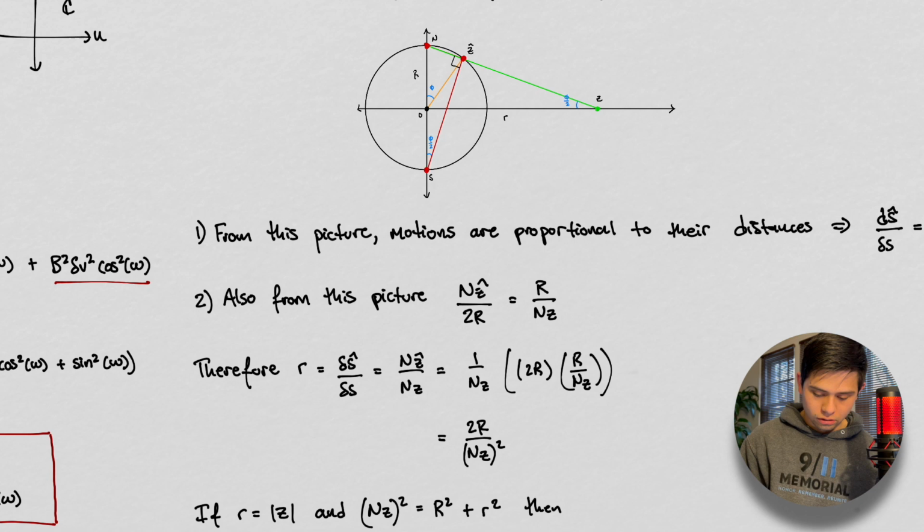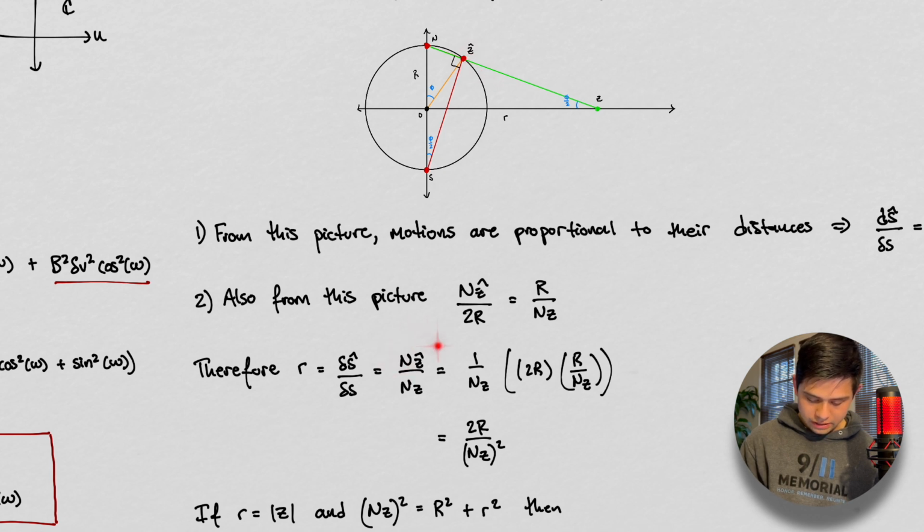Therefore, little r right here is delta S prime over S. So that's going to be a distance on the sphere, with the distance in the complex plane, which is the distance in NZ.